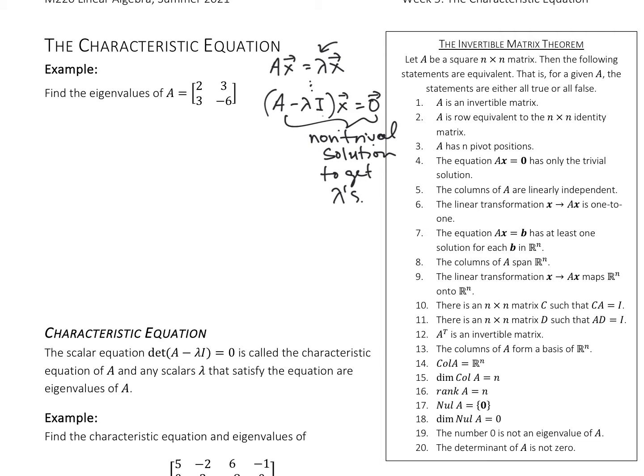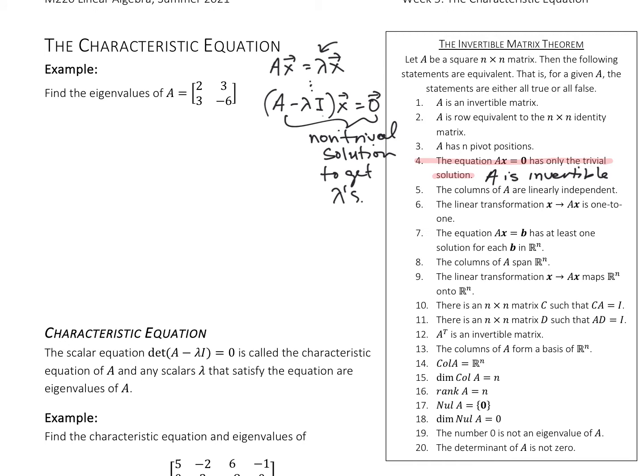Now, from our lovely bunch of coconuts over here, we know that if A is invertible, the equation AX equals 0 has only the trivial solution. But we don't want the trivial solution.